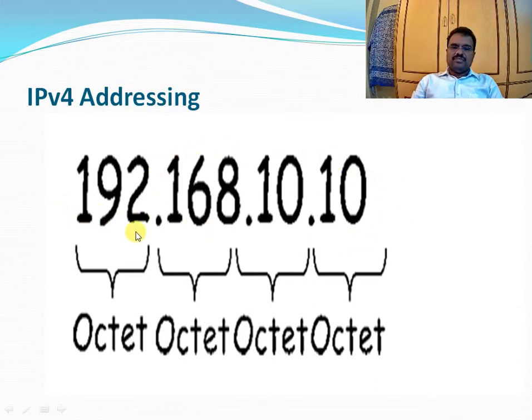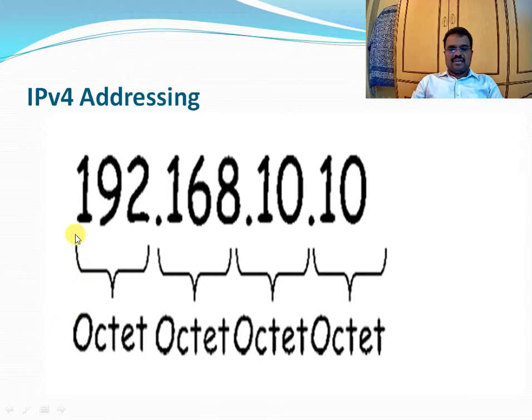For example, 192.168.10.10. If we convert 192.168.10.10 to binary, it becomes a 32-bit numbering system.